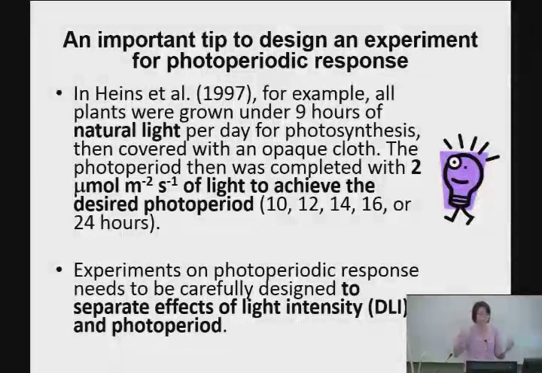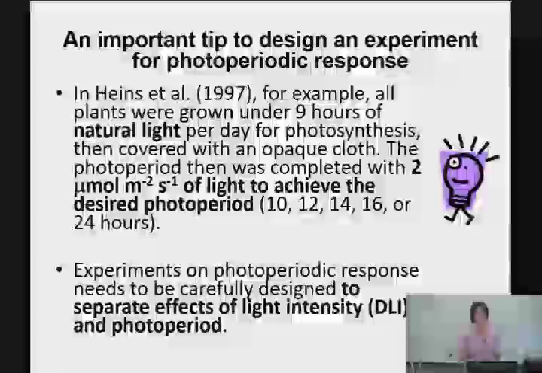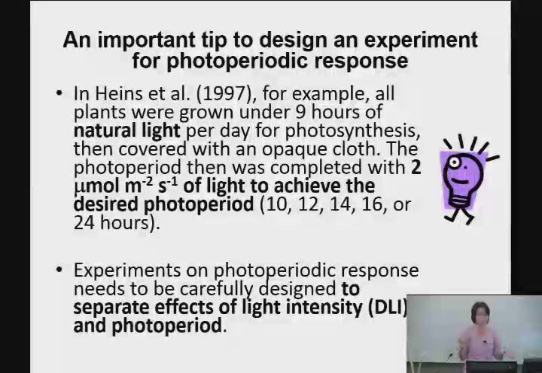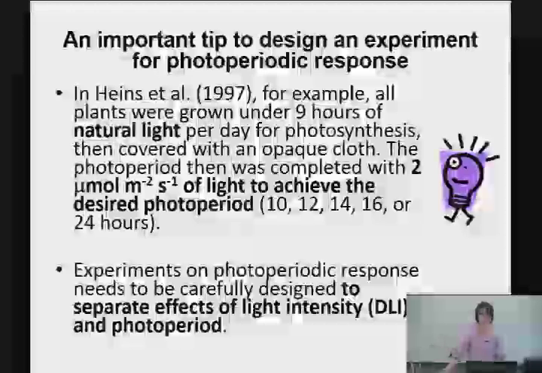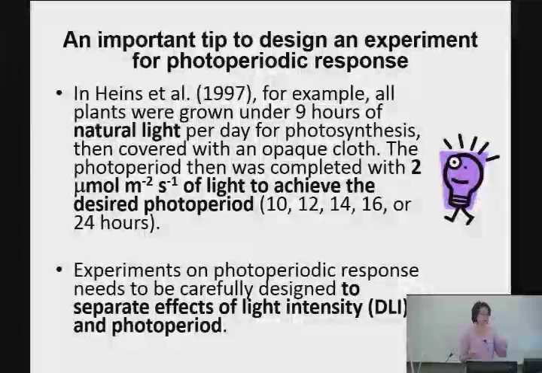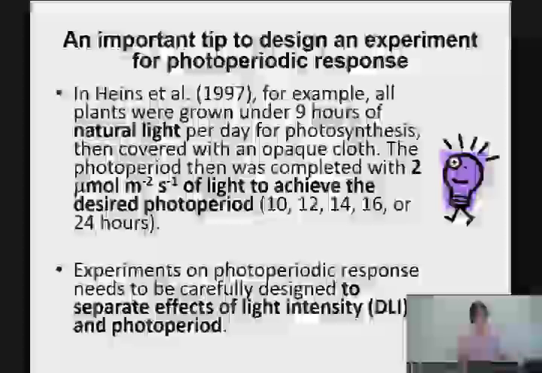This is the appropriate way to design an experiment to test photoperiodic response. Again, flowers can be triggered by other factors. One thing we want to separate out is the effect of DLI, which gives total energy to develop vegetative growth and carbohydrate reserve, and photoperiod, which you really want to test.